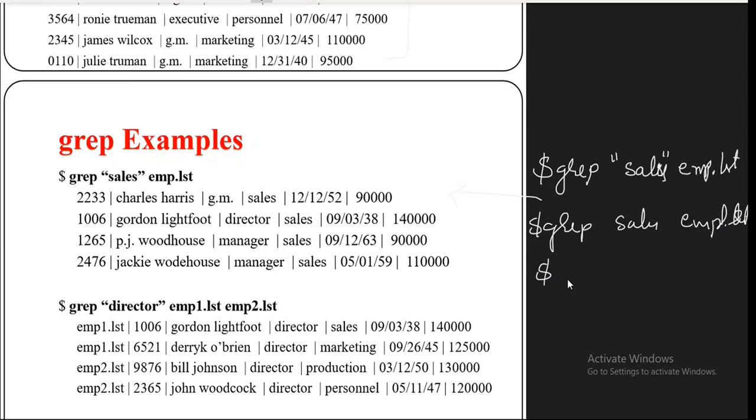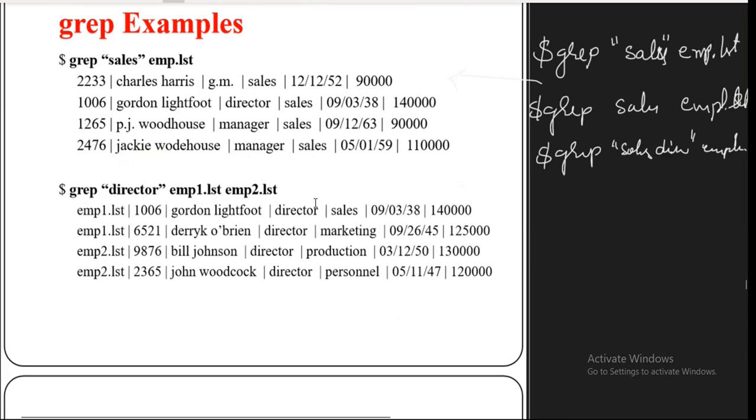For example, grep with sales, then director. If I am giving 2 words to search that pattern, in that case quotes are compulsory. So always make a practice of specifying the pattern in quotes. Whether it is a single word or more than one word, try to use quotes.